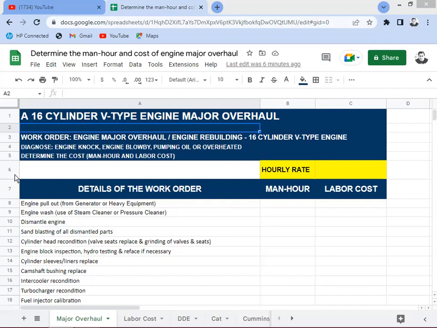An engine knock could be coming from the pistons knocking, or from the crankshaft main bearing journals, or connecting rod journals, or connecting rod bearings. This would be a dangerous occurrence for the engine, and it needs to be disassembled and looked into. Usually they already do a major overhaul when it comes to this.